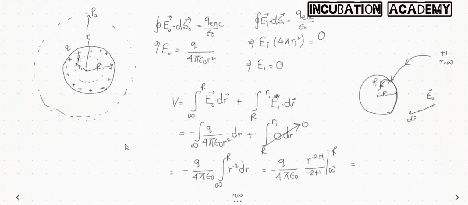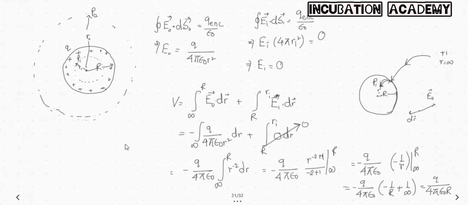So this will become minus Q divided by 4 pi epsilon naught, minus 1 by r, from R to infinity. So this will become minus Q divided by 4 pi epsilon naught, minus 1 by R plus 1 by infinity. So this will become Q divided by 4 pi epsilon naught capital R.